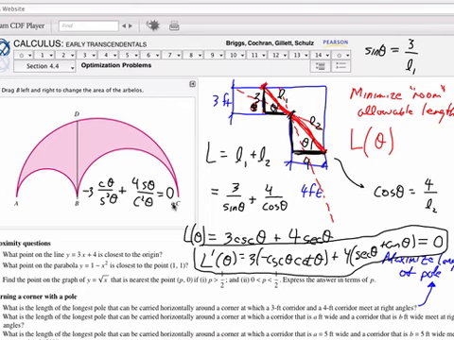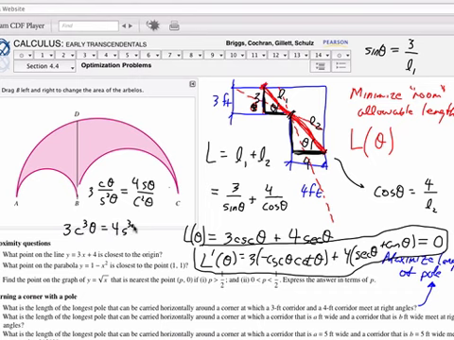So we can move that over and then cross multiply. If I add this to both sides, it's positive, they're equal. Cross multiply, I get 3 cosine cubed equals 4 sine cubed.